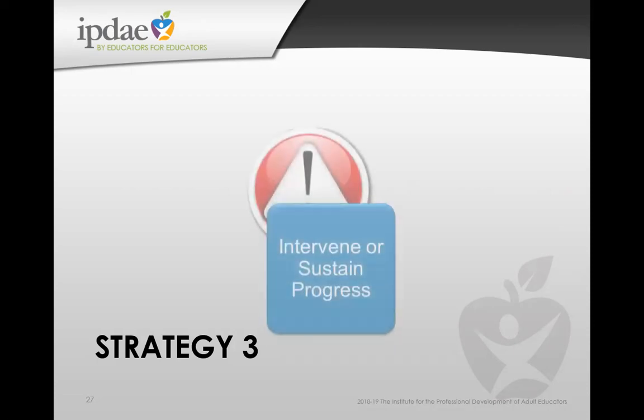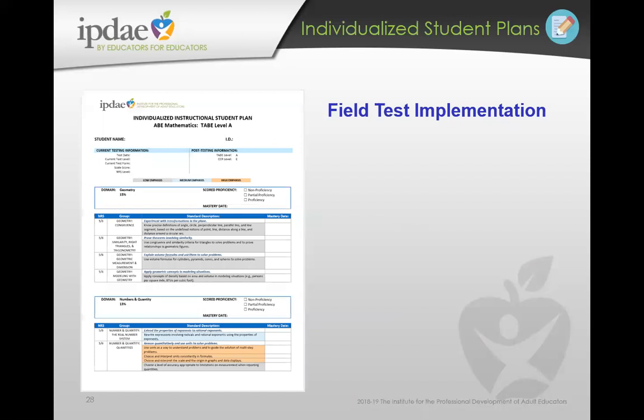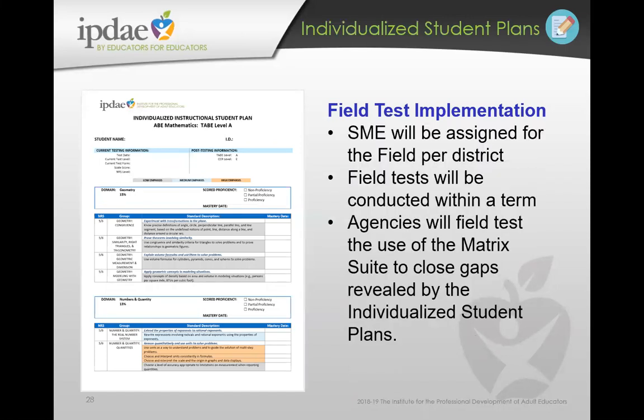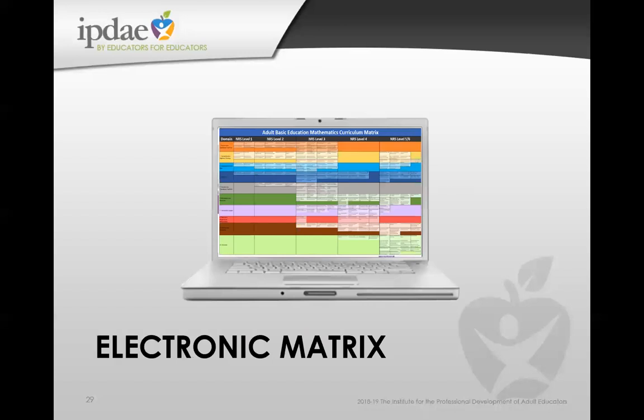And as you intervene and sustain, we are using both the individualized student plan in conjunction with the electronic matrix. Because the electronic matrix is a single page, you can transfer the information from the student plan into the matrix, or you can just go by the student plan itself.